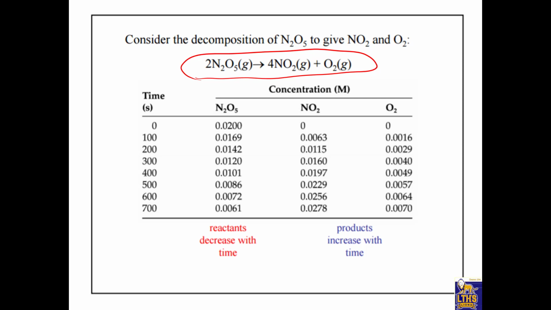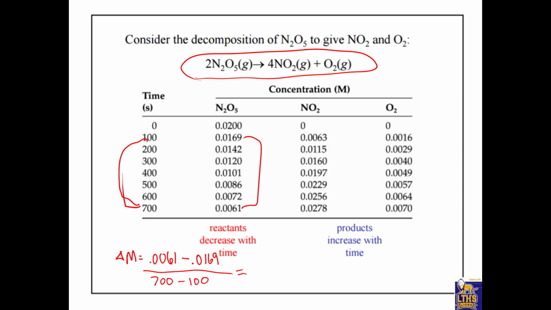So let's do N2O5 over this time interval. Okay. So then we got to use these numbers. The change in molarity is going to be equal to 0.0061 molar minus 0.0169 molar divided by 700 seconds minus 100 seconds.